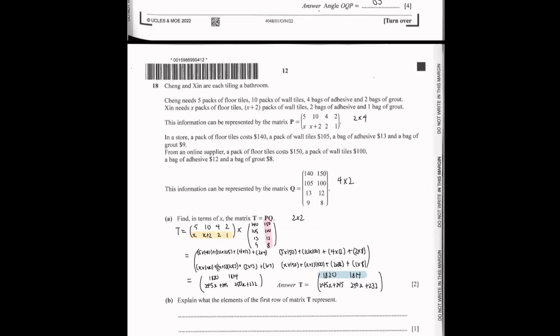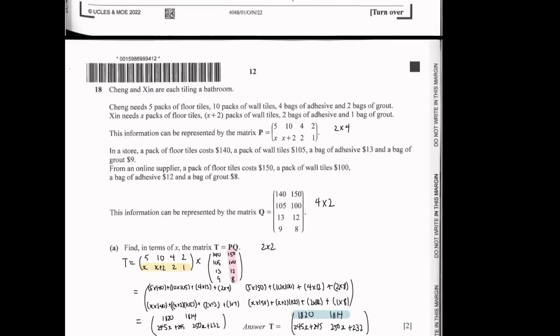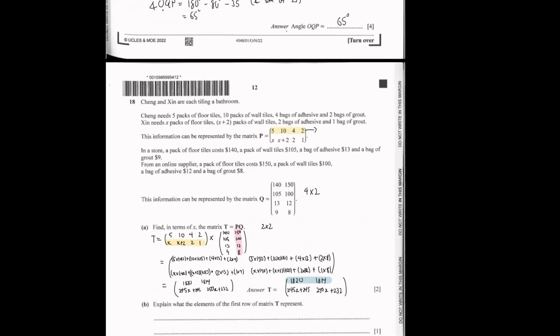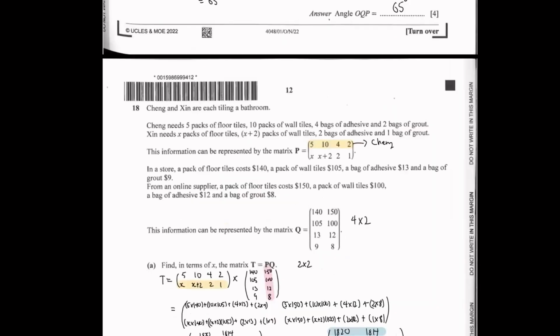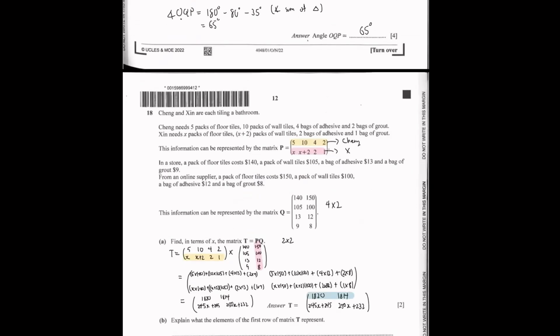Matrix P refers to the number of bathroom tiling supplies. So the top row represents the supplies that Cheng needs, and the bottom row represents the supplies that Xin needs.